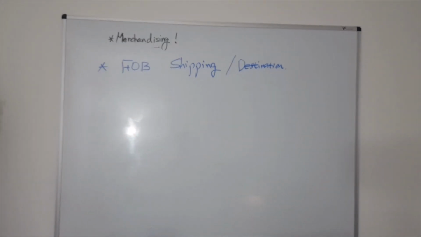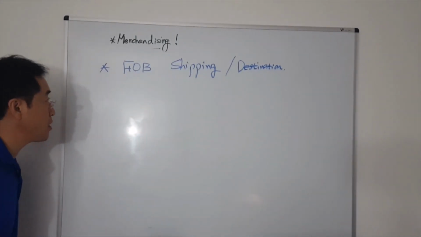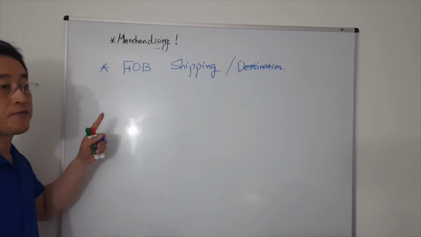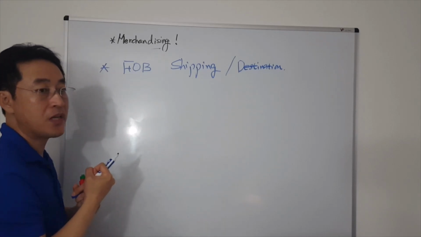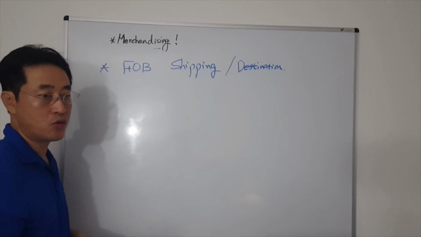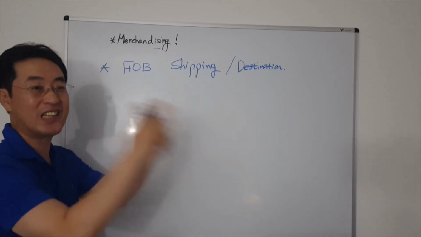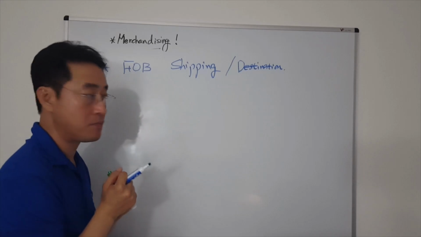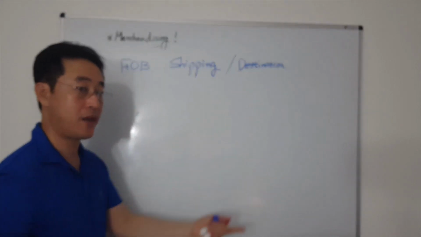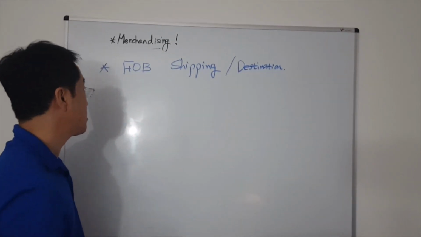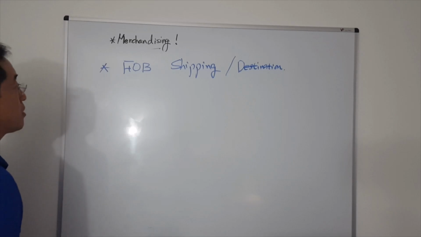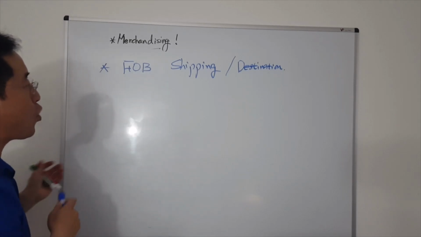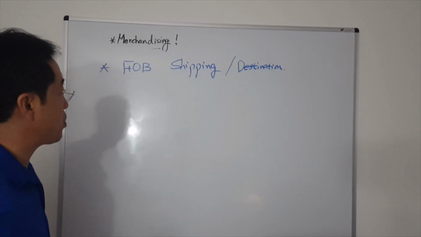What is that? What's the abbreviation of FOB? Freight on board. That's the freight charge agreement between buyer and seller. Who's going to pay for the delivery cost? So when you buy something from Amazon or somewhere, you need to pay for delivery, right? FOB shipping point or FOB destination point.